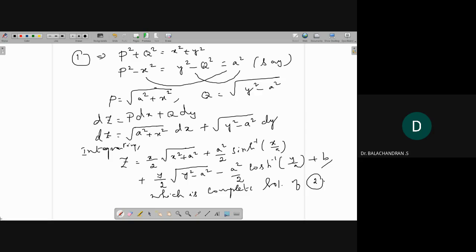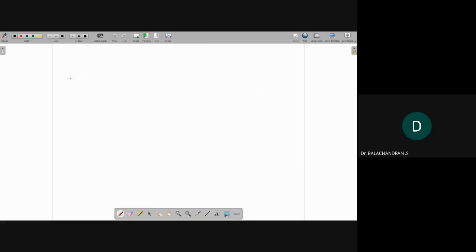So now I need the complete solution of equation 1. Capital Z equal to log Z, so just replace to get the complete solution of equation 1.